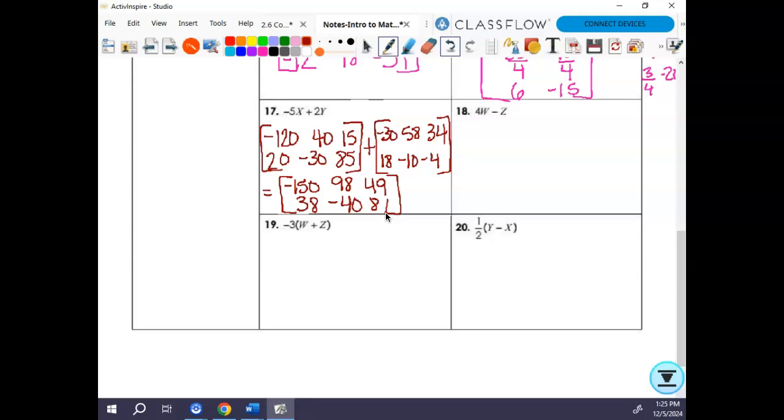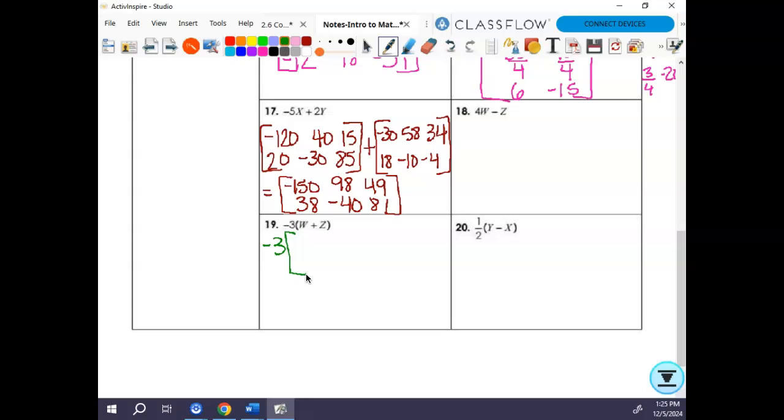Okay, now, basically you're just substituting in and doing exactly what it shows. When you look at number 19 here, we have negative 3 times w plus z. Can I actually add w plus z? Are they the same dimensions?